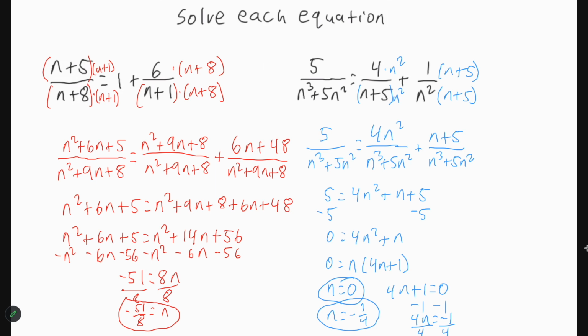Because if we had 0 in the denominator, right here, we would end up with 1 over 0. And that doesn't make sense. So the n equals 0 actually is not one of our solutions. So the only solution is n equals negative 1/4.